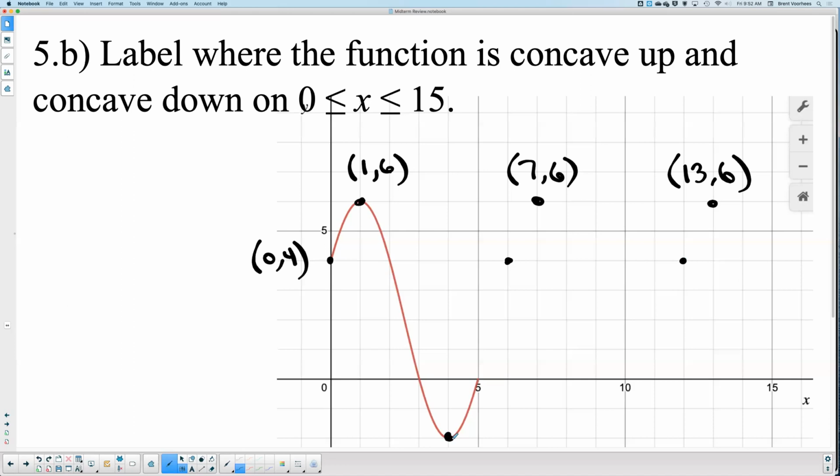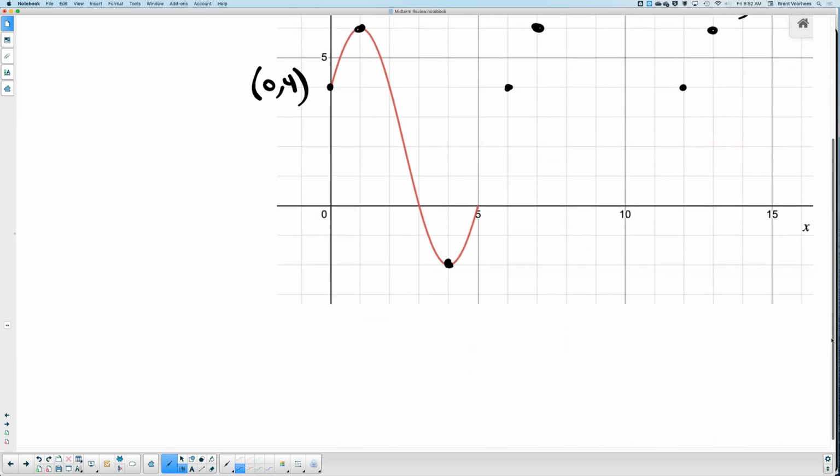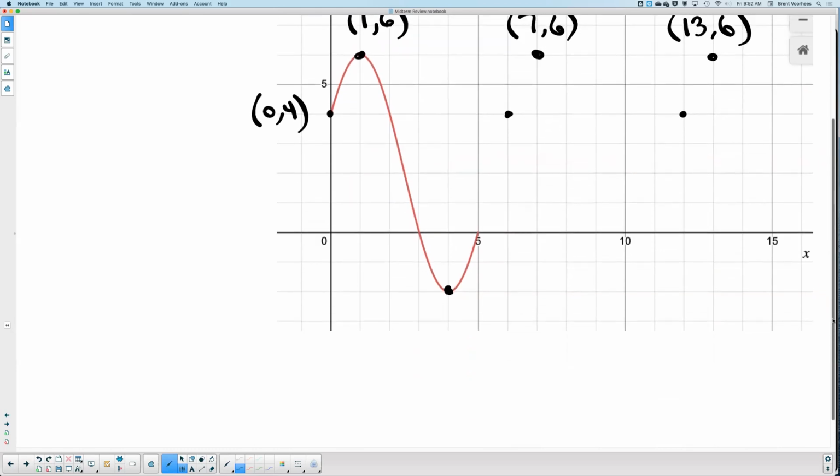That was what, 4? Negative 2. So we go to 10. 1, 2, 3, 4, 5, 6. 10, negative 2. All right, we ready to connect some dots?